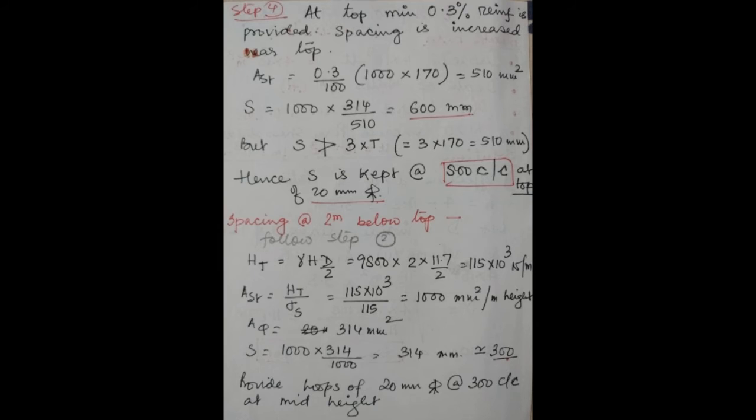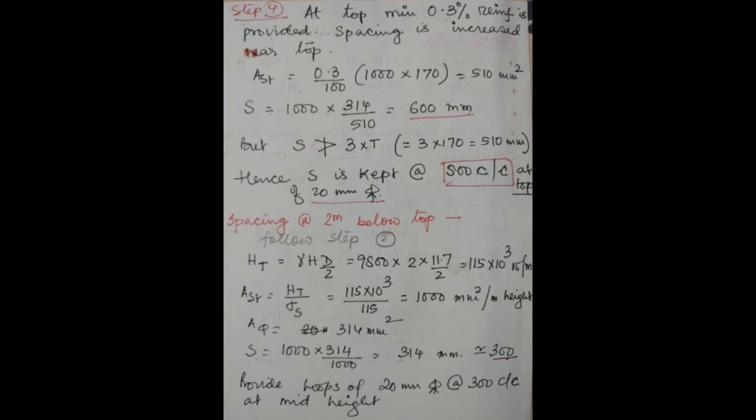What is 170? 170 is the thickness and 1000 is per 1 meter length. So 1000 into 170, so 510 millimeter square. Now spacing, how can we find out? Same formula, 1000 into Fi by AST. We are providing a 20 millimeter diameter bar. That decision we have taken in step number 2. So 1000 into 314 divided by 510, it is equal to 600 millimeter.